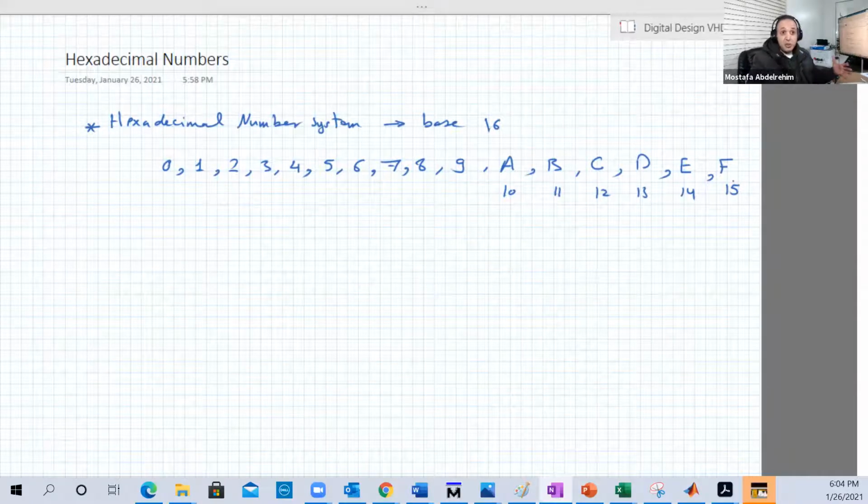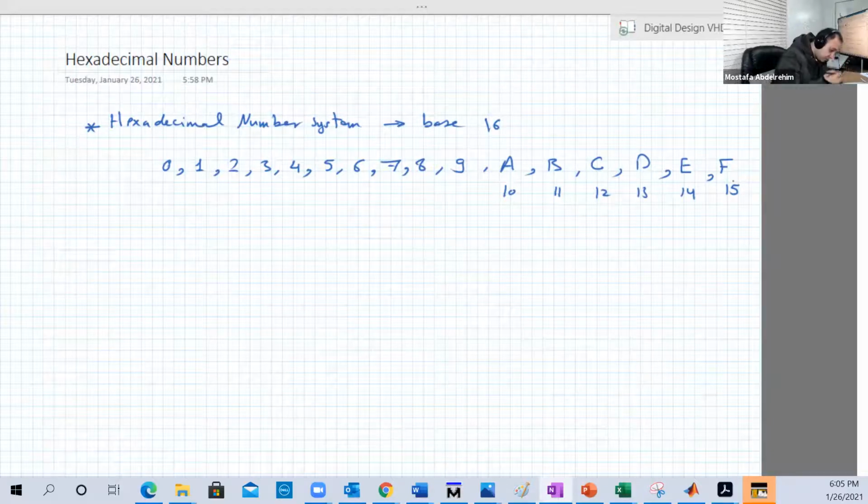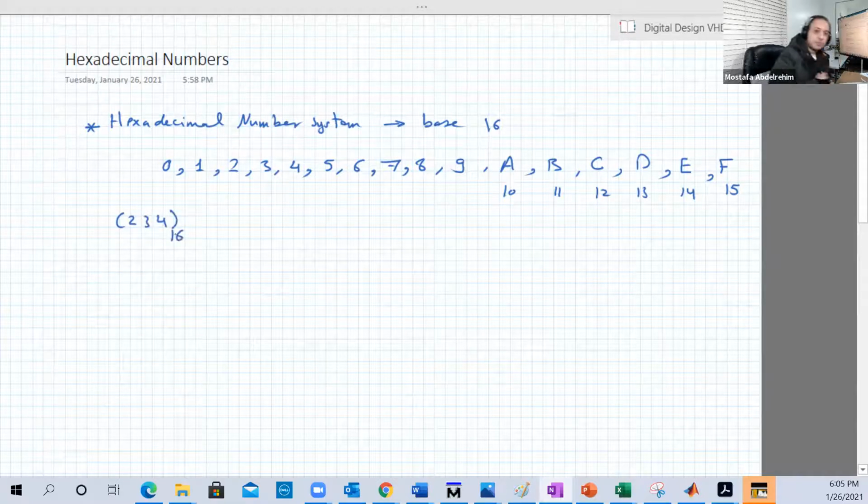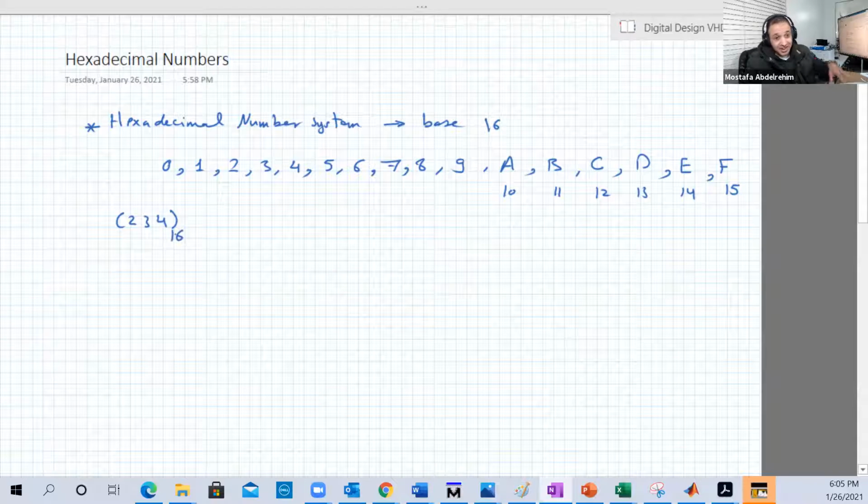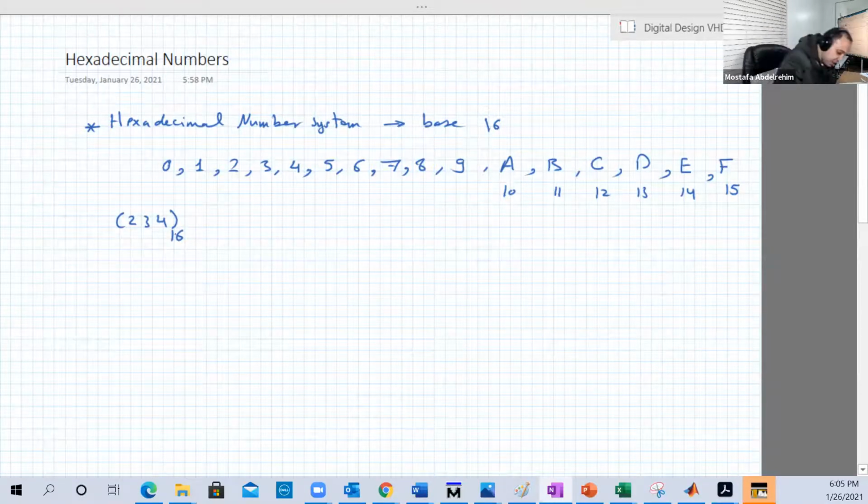Now let's see how we translate something from hexadecimal to decimal, something that we people understand well. Let's take an example like 234 in hexadecimal. This number is written in hexadecimal. It's not 234, it's something else. We're going to convert it to decimal so we can understand in an easy way what this number actually represents.